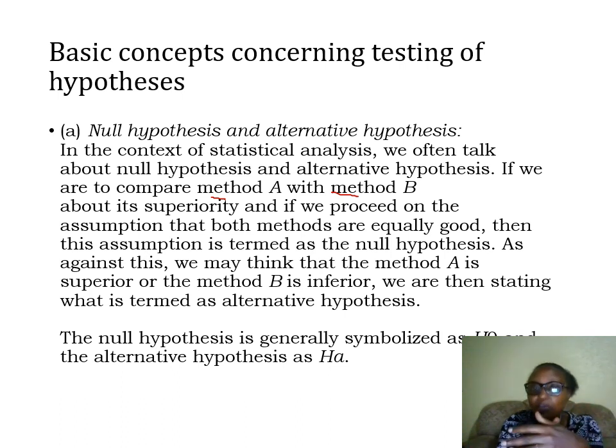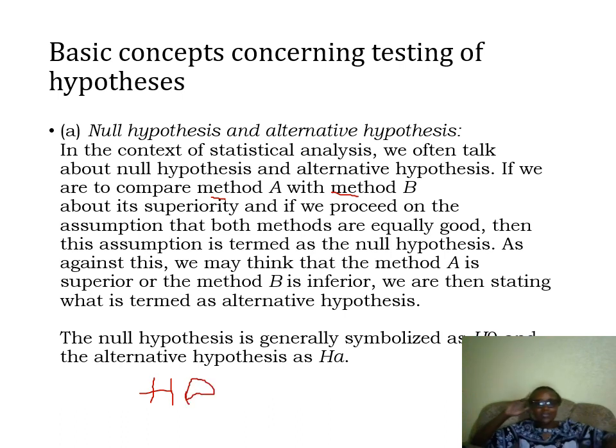That same researcher may pose that as the first hypothesis. Then the second hypothesis poses an alternative hypothesis where they say method A is inferior to method B, or method B is inferior, or something like that. So that is the alternative hypothesis. Normally the null hypothesis is symbolized with an H0. So already we want to know about the hypotheses that we've looked at.